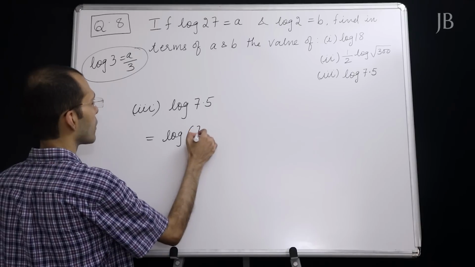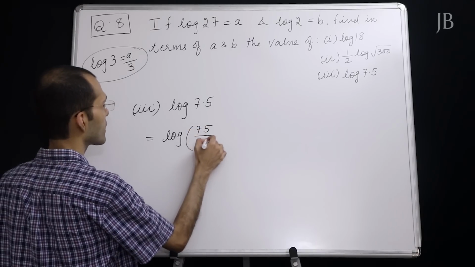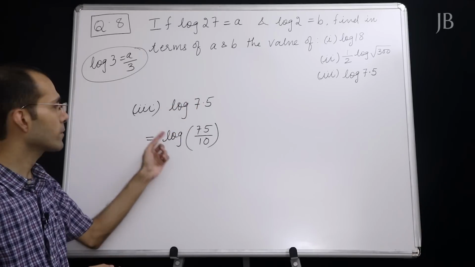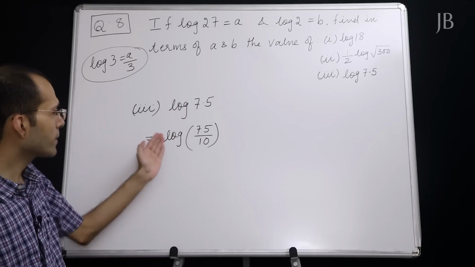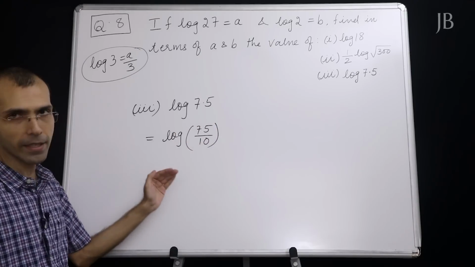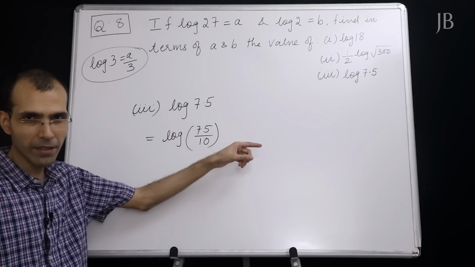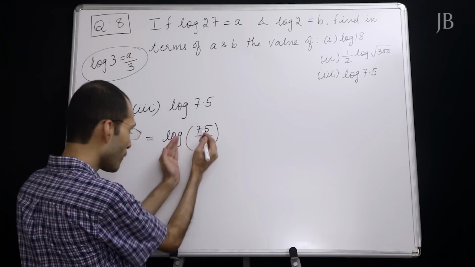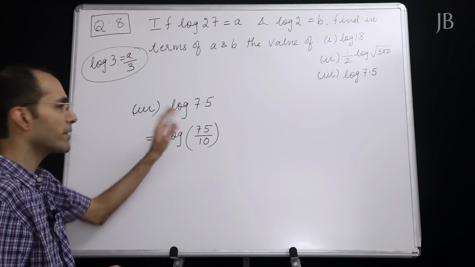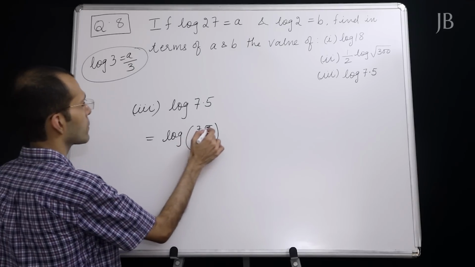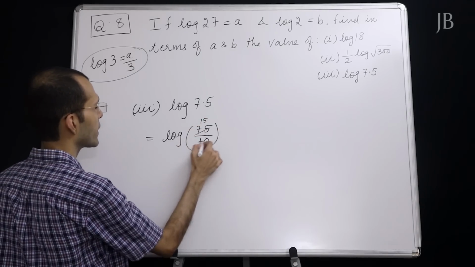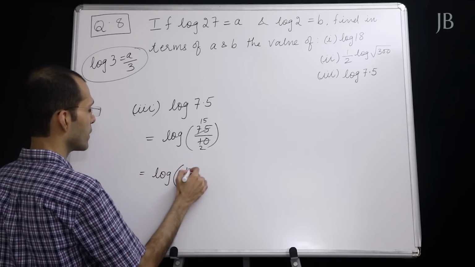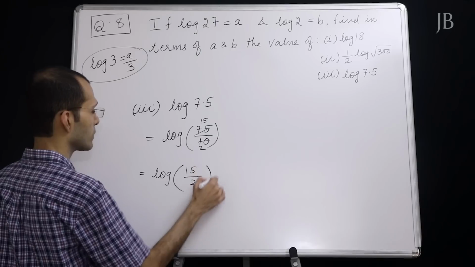This will be log of 75 upon 10, isn't it? 75 upon 10 is 7.5. So log of 7.5 is same as log of 75 upon 10. It is not log 75 the whole divided by 10. It is log of 75 upon 10 because here we can cancel. So 5 15s are 75, 5 2s are 10. This comes to log of 15 upon 2.